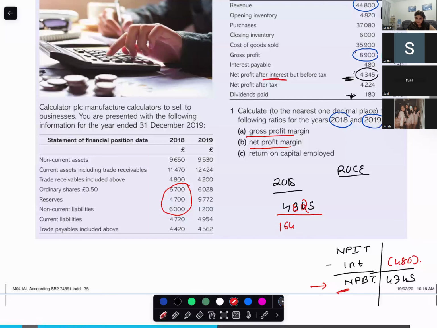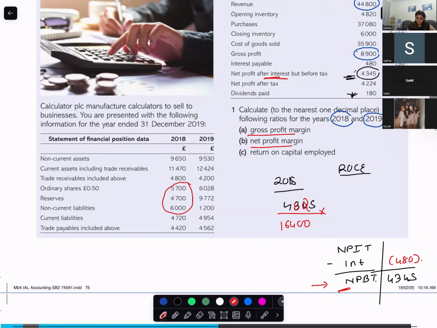So that is 29.4%, into 100, so this is 29.42%.